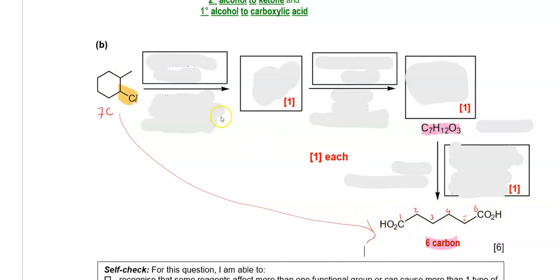So it must involve some breaking of the ring. This will give me an idea in terms of how I can break the ring. I will therefore involve an alkene.